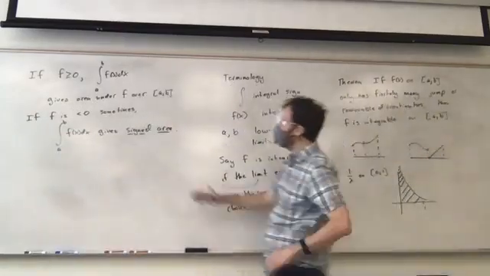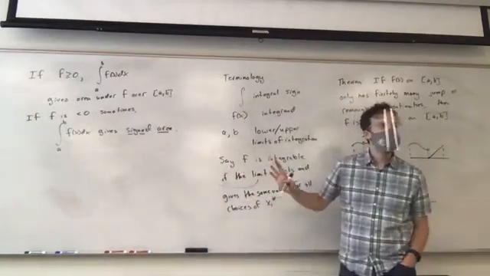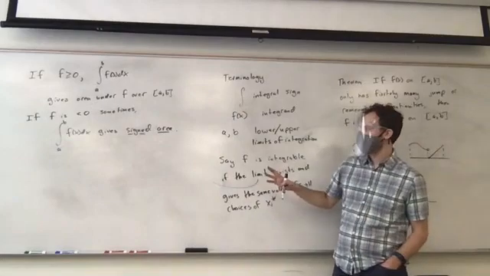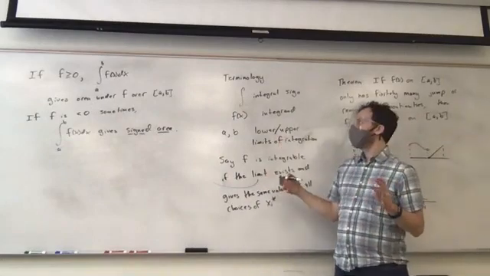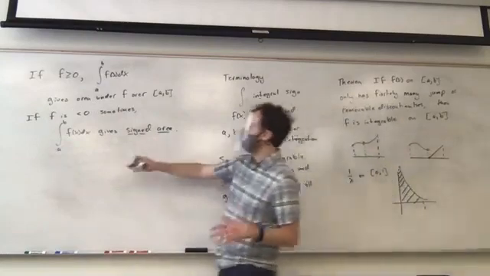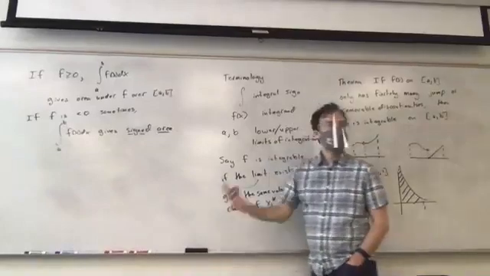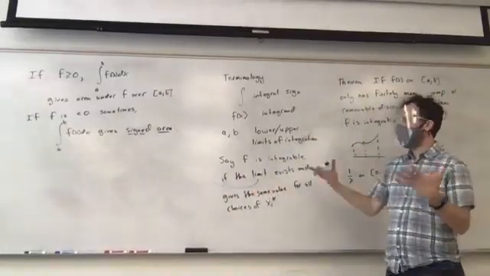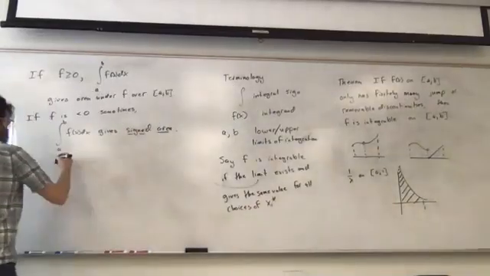With the idea of signed area being that where your function is negative, your graph, there's some area enclosed there, but for the purposes of finding this definite integral, we're going to treat that as negative area, which starts to cancel out any positive area.